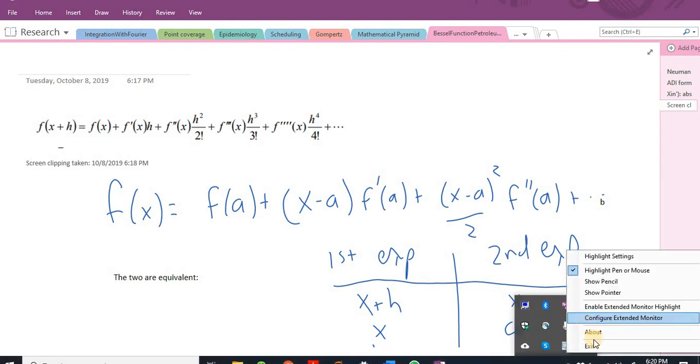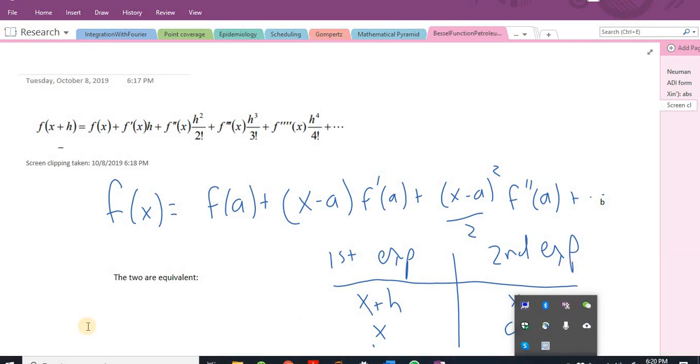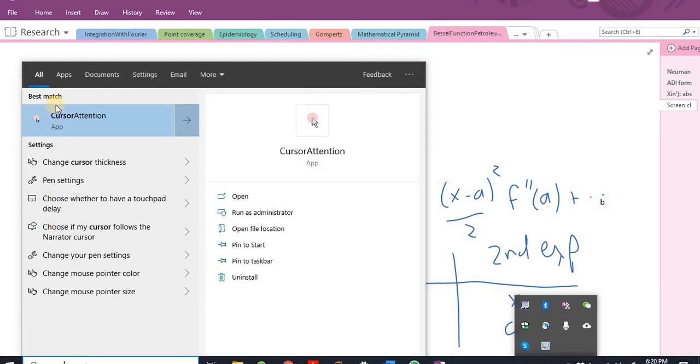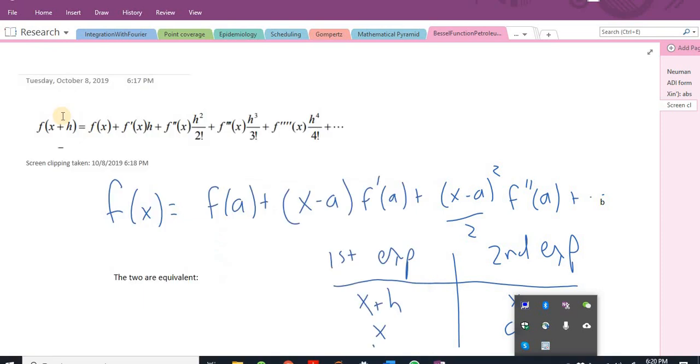Give me a second here. If it's not going to work, it's not going to work, but let's see if I can make this work. All right, there we go. Okay, so now you can see my cursor a little bit better. All right, so what was I talking about?